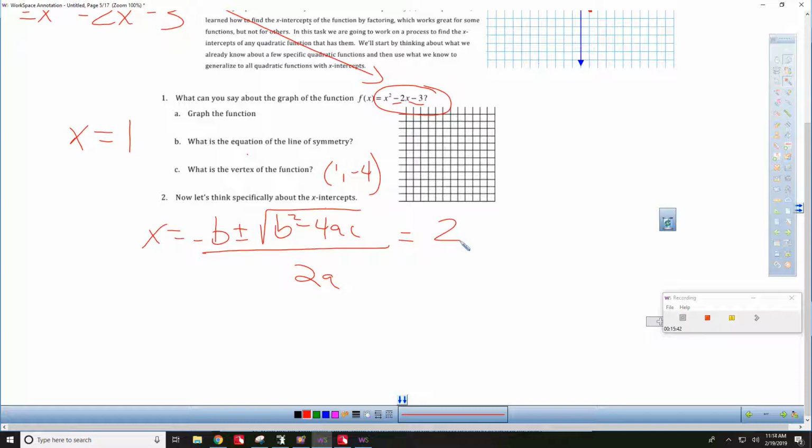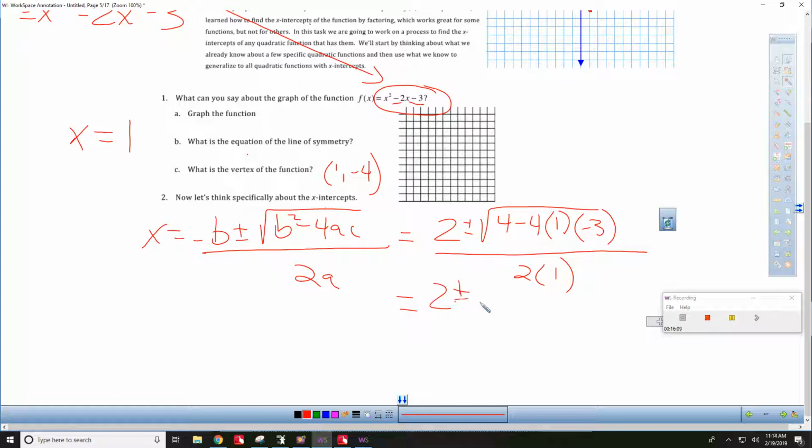Positive 2, right? Plus or minus the square root of b squared, 4, minus 4 times what's a? A is 1. What's c? Negative 3, all over 2 times 1.